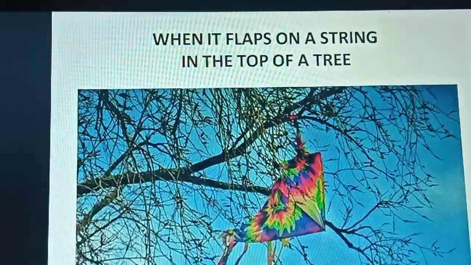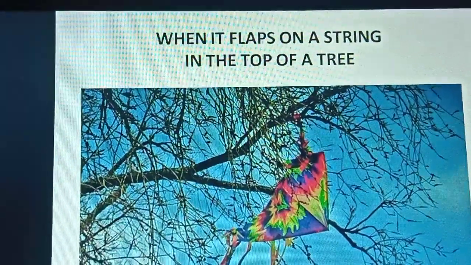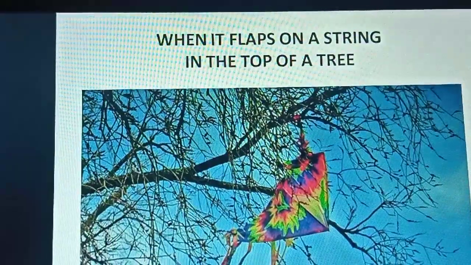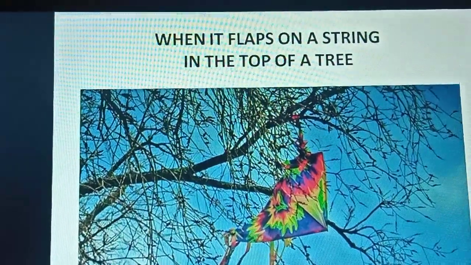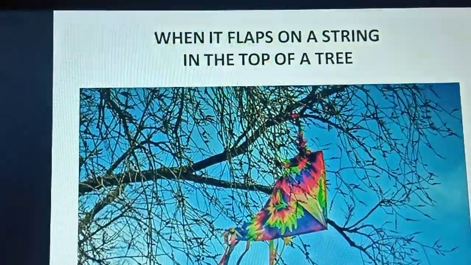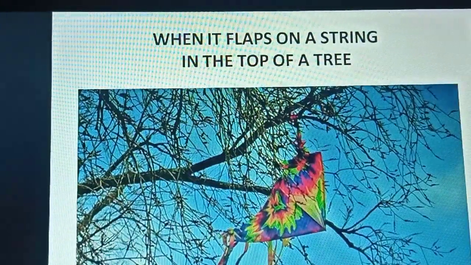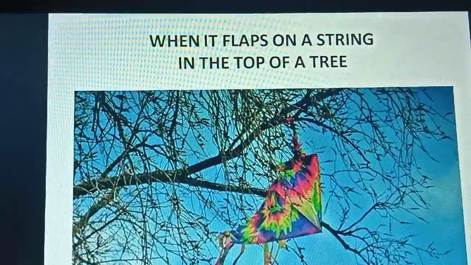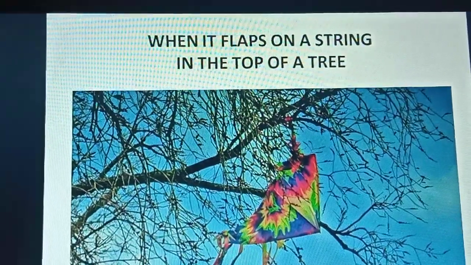Okay, do you understand the poem, children? So this is about a kite, how it flies in the sky, and how the poet is comparing the kite to a ship. The ship sails on the tides, just like that the kite sails on the winds.